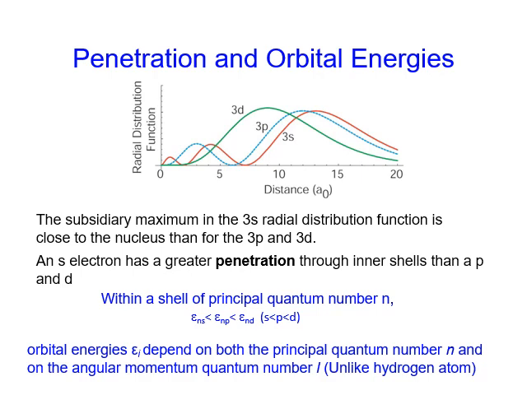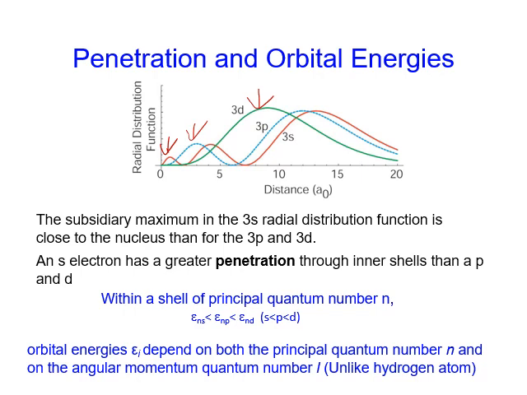Here shows the radial distribution functions for 3s, 3p, and 3d orbitals. As you can see, the subsidiary maximum in the 3s orbital is closer to the nucleus than 3p, which is closer than 3d. So that explains why an s electron has a greater penetration through inner shells than p and d orbitals.